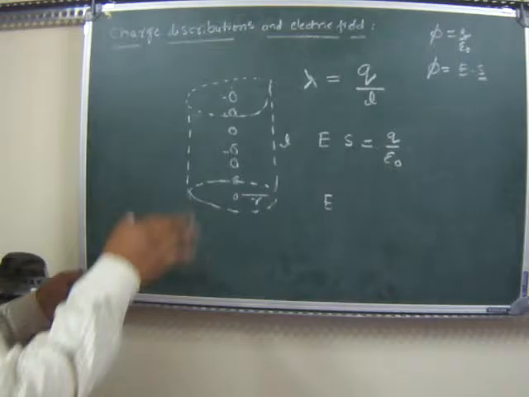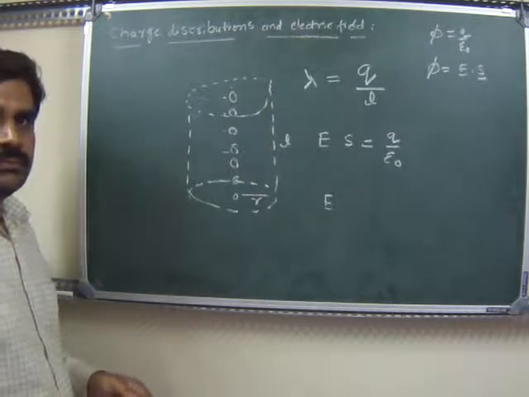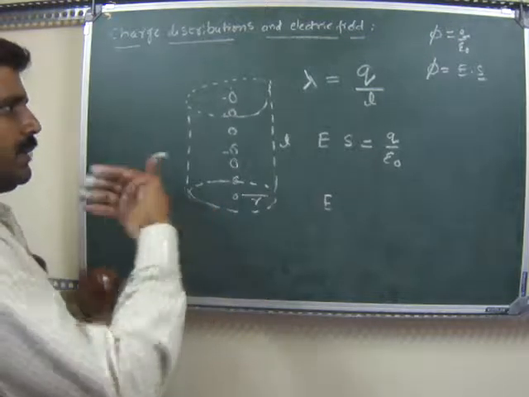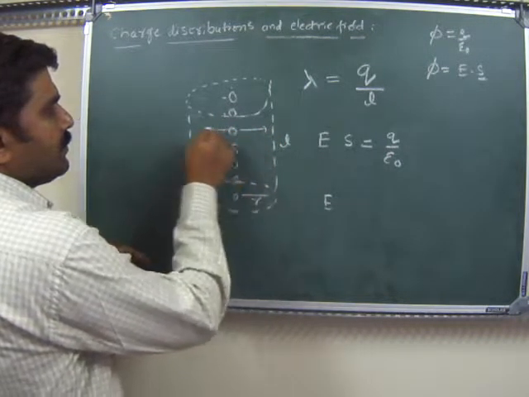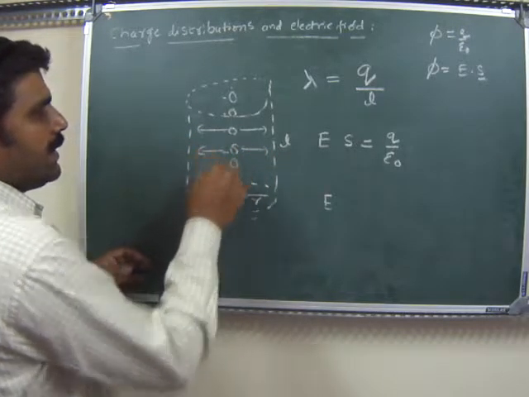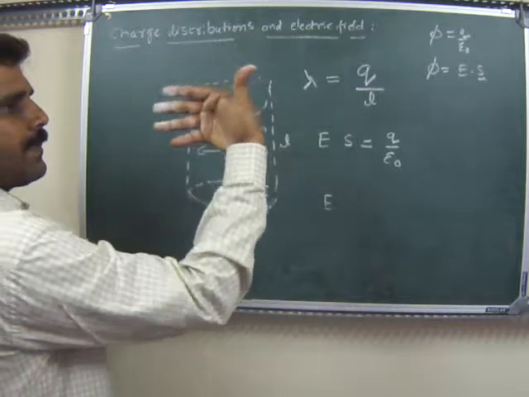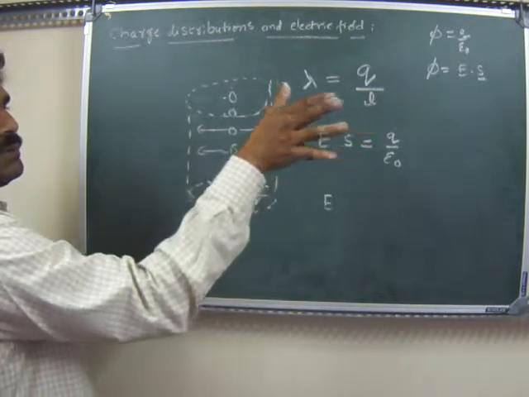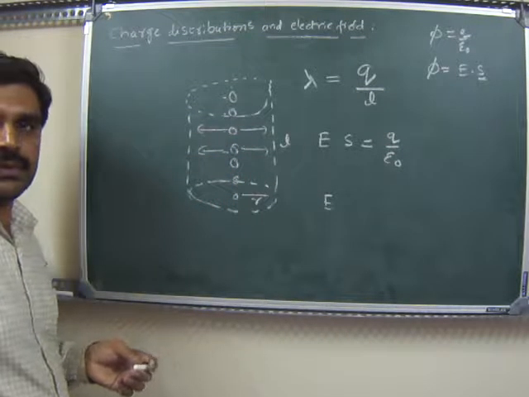The surface of this cylinder around this, in which the flux is flowing. Here, look at this. If you draw a field line, it will touch the surface of the cylindrical drawing here, what you drew here.